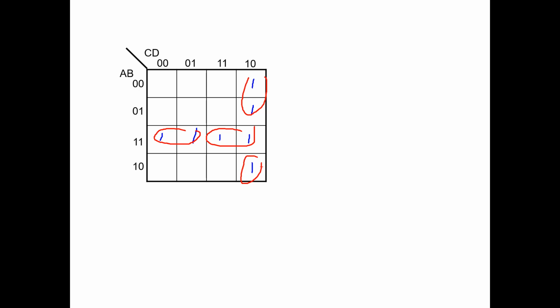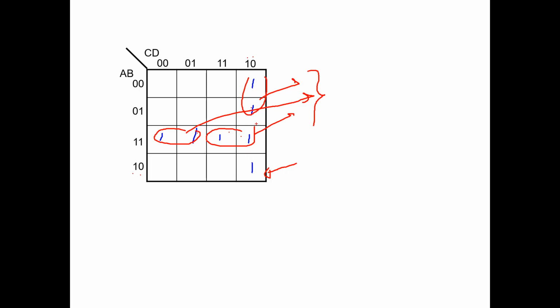If not, for example, if you do not select this cell, the function you obtain by selecting only these 3 groups will give 1 at here, but not at here. When you apply 1, 0, 1, 0, the result will be 0 at here for the equation obtained by using only these 3 groups.